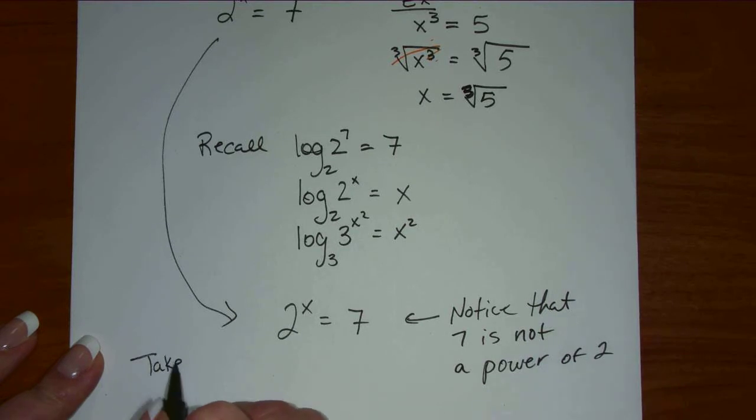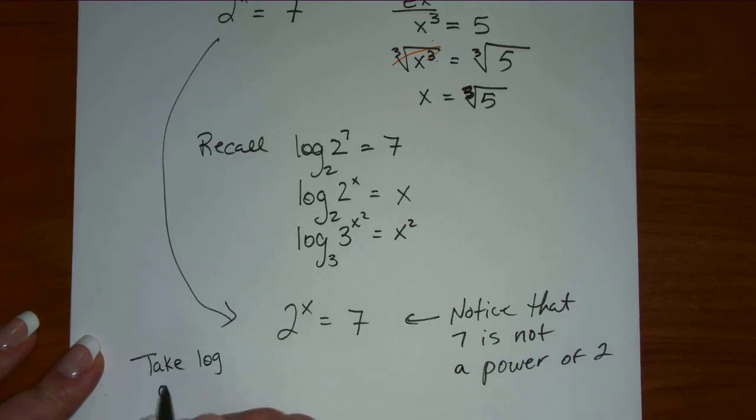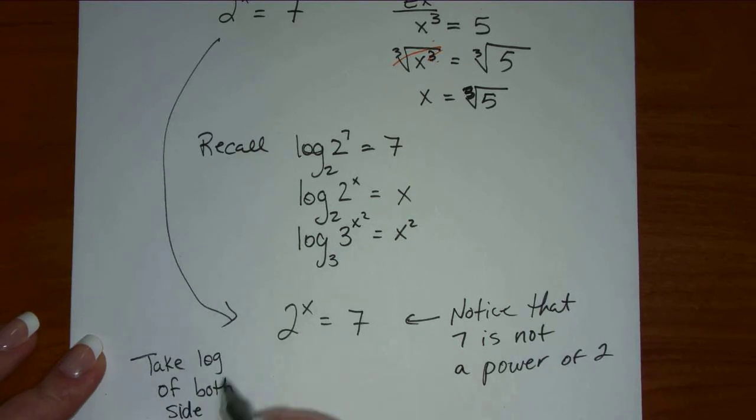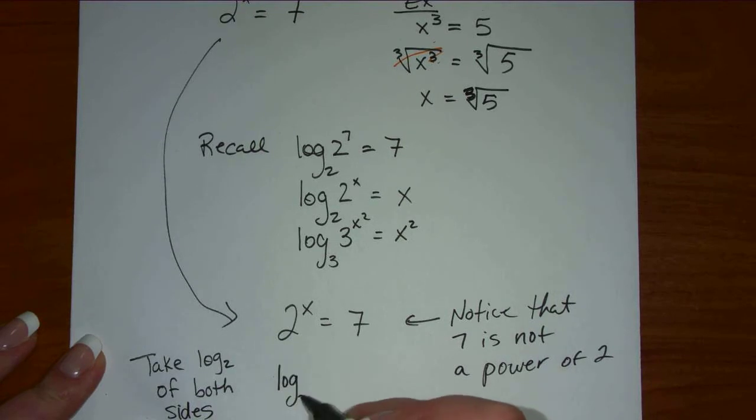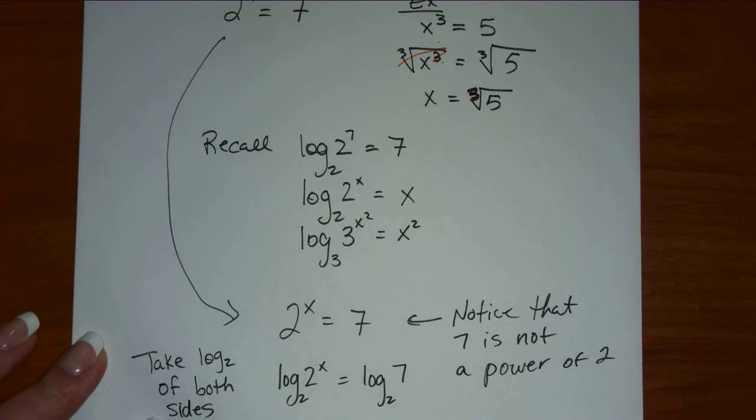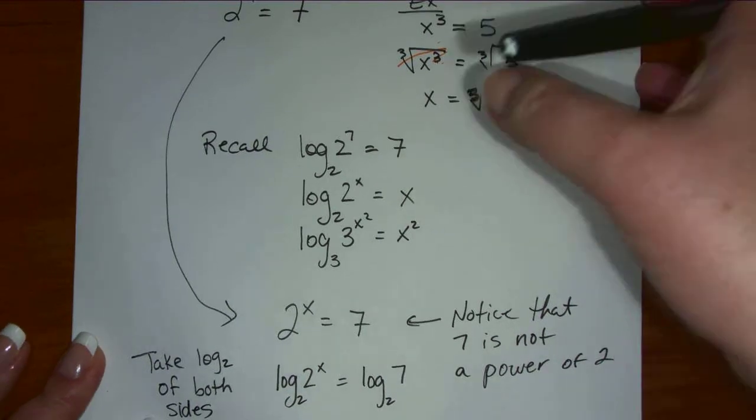What log is going to cancel out a base of 2? Log base 2 of both sides. So we would write log base 2 of 2 to the x equals log base 2 of 7. So what's log base 2 of 2 to the x? X. And the answer is log base 2 of 7.